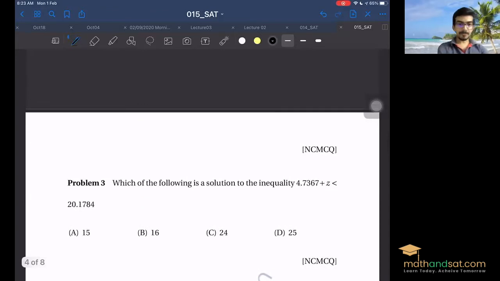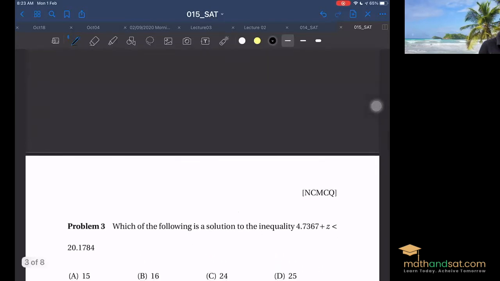Here they have not asked us for a solution set. The question says, which of the following is a solution to the inequality 4.7367 plus z less than 20.1784. So let's see this.